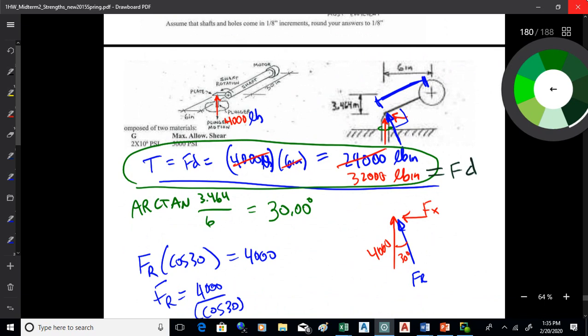Now, the force is right there. That's the force, and here's the distance. We're assuming that force coming from that plunger is perpendicular to the plate that sticks out of there. And then we're going to take that force times the distance, and that should come out to be 32,000.